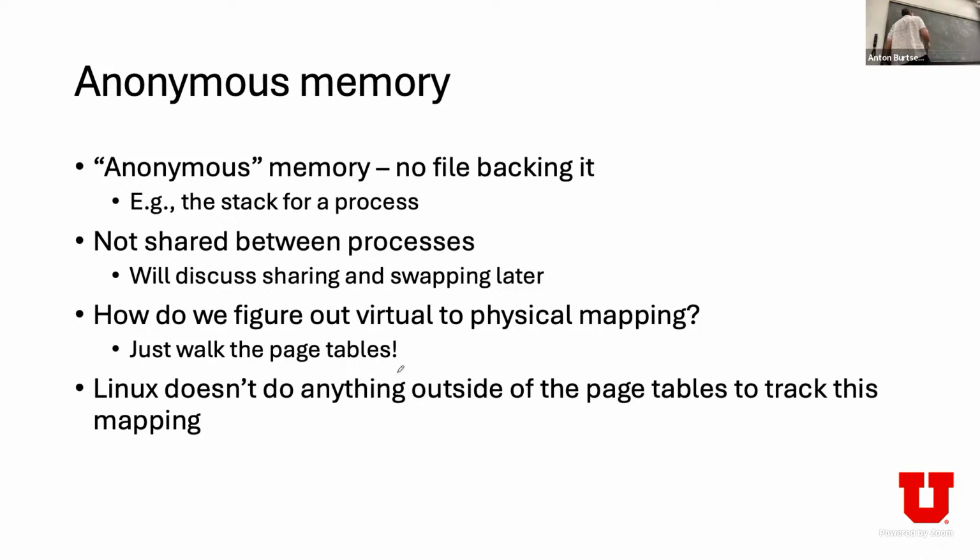So I only draw 2 layers, but then a 64-bit machine will be 4 or 5 layers, right? And then you just get a page from a memory allocator, and essentially just add the mapping, right? The page which corresponds to this entry in the array will be added to the mapping.